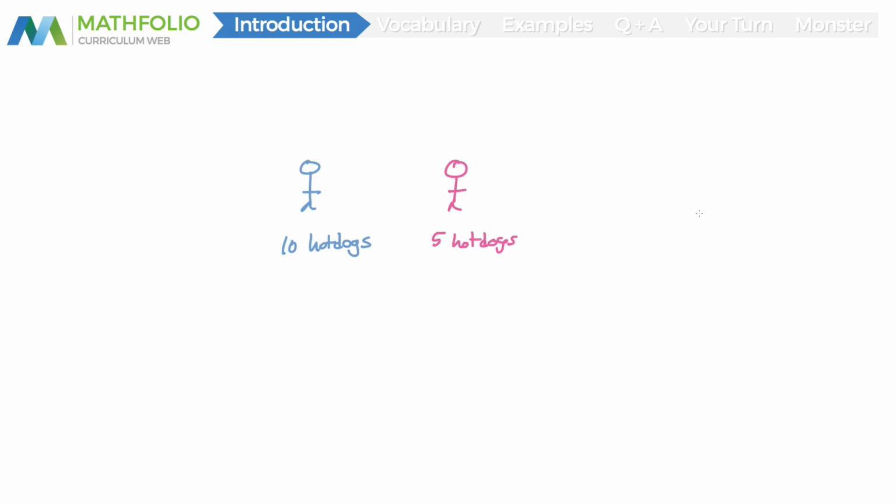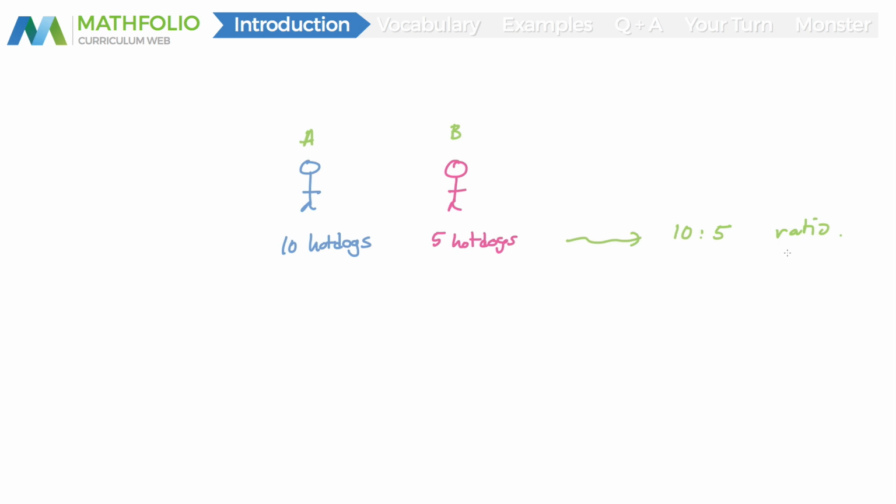Now, in this case, what we can do is we can look at this situation and we can say that the ratio of person A to person B, the ratio of their hot dogs are 10 to 5. That's the ratio.